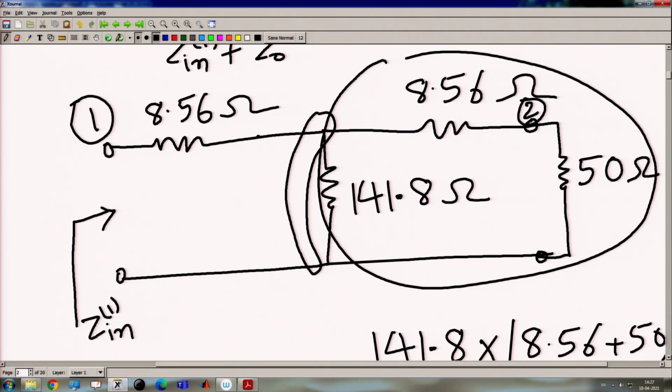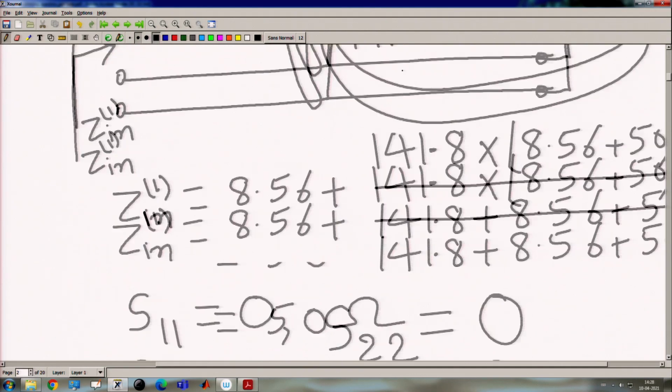I am doing it in the calculator, so you can also do it. That will be 58.56 into 141.8 divided by 58.56 plus 141.8, which comes to 41.44.